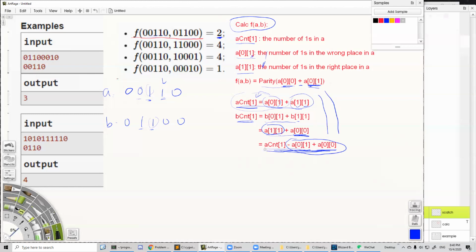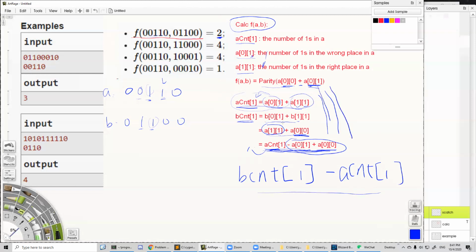And we can move this guy to the left side. So what we got here is the count of ones in B minus the count of ones in A, right? Equals the answer we are going to have here.